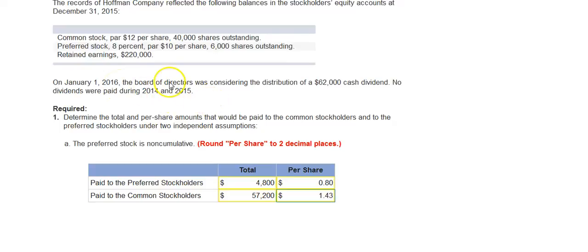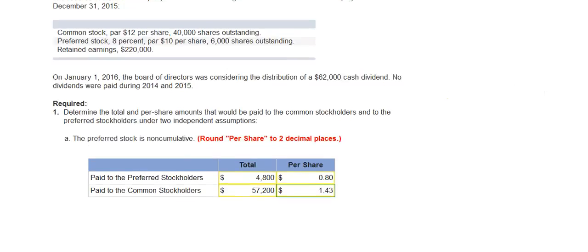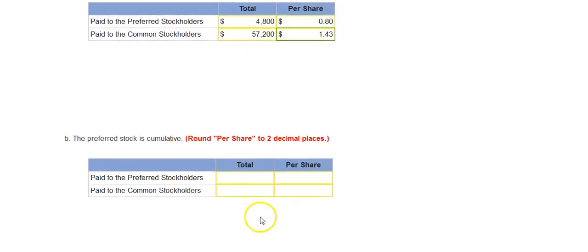In other words, 8% times $10 a share times 6,000 would be $4,800 for 2014, 2015, and 2016. That would be 3 years times $4,800 per year, which comes to a total of $14,400.